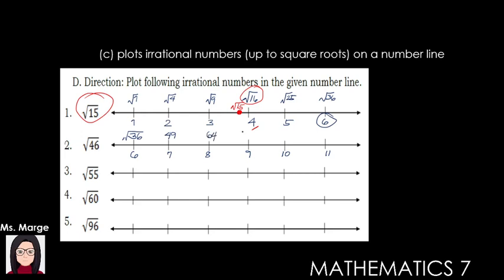Mahalaga na marunong kayo ng multiplication. 9 times 9 is 81. 10 times 10 is 100. 11 times 11 is 121. Mahalaga na marunong kayo mag-multiplication.